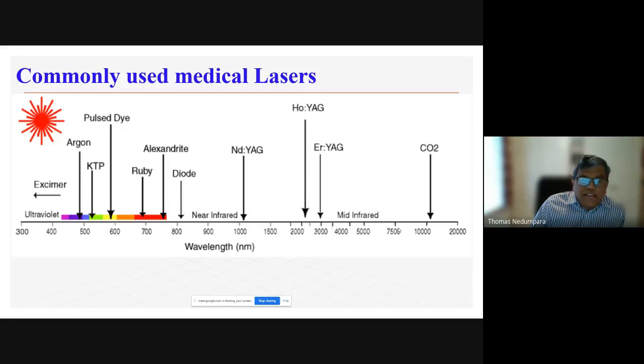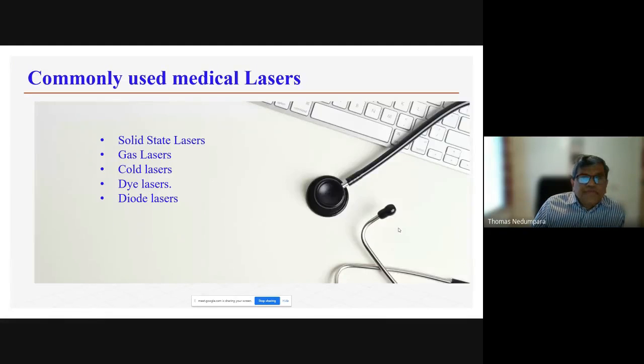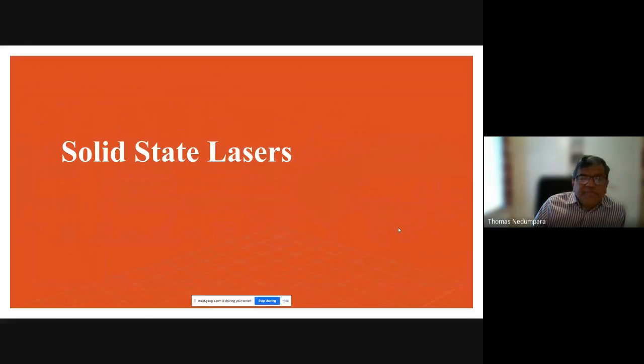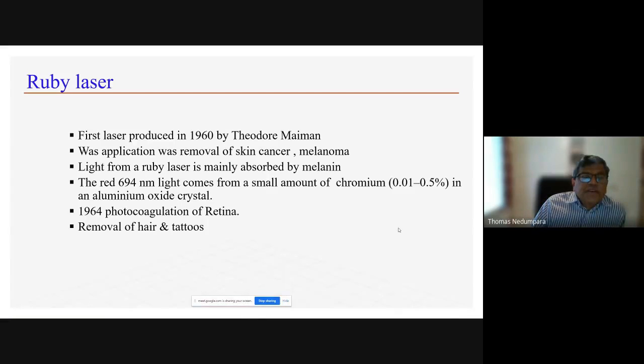Commonly used lasers start from ultraviolet to the far infrared. Commonly used medical lasers are classified into 3 groups: solid state lasers, gas lasers, and others. From each group, I will give 3 examples. Ruby laser.